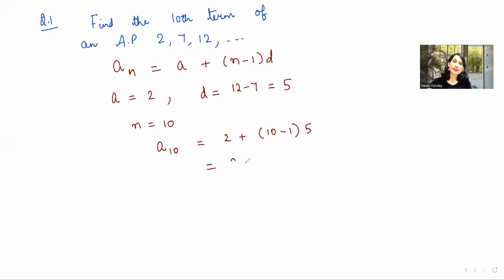So 2 plus 9 into 5, that is 2 plus 45 and that gives you 47. It means 10th term of this arithmetic progression is 47.